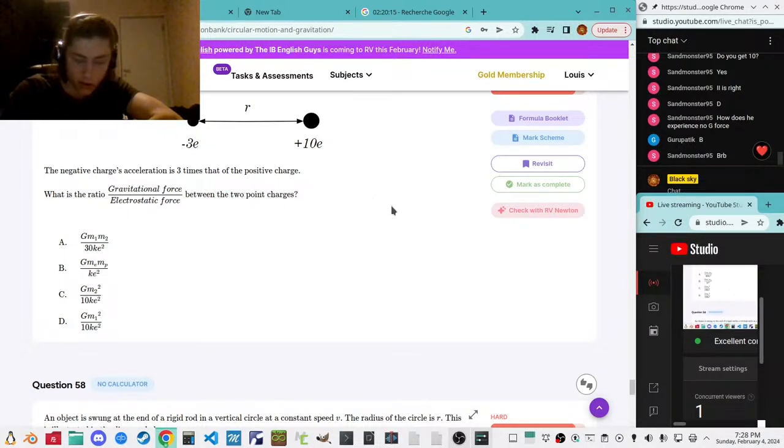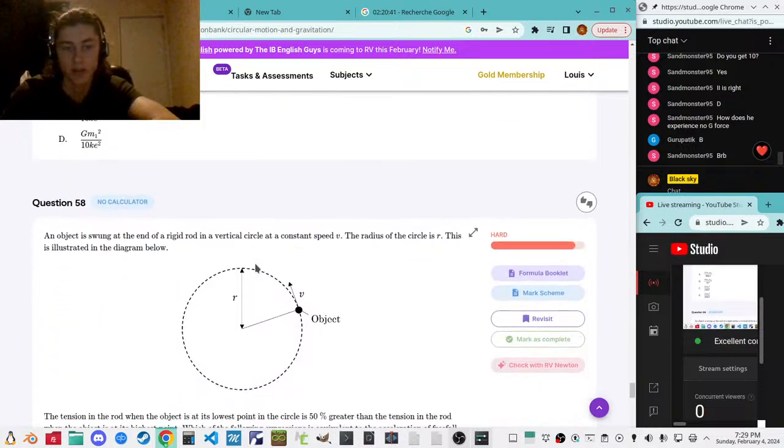I don't see a way to resolve the problem that we have because it just is. But if we assume the 3, it would be this. Oh, I guess you assumed it's the same mass. That's a really bad question.